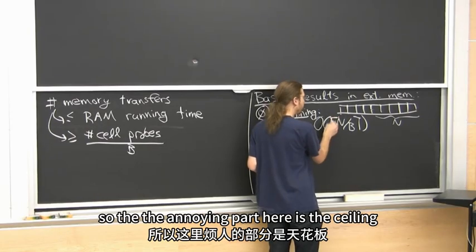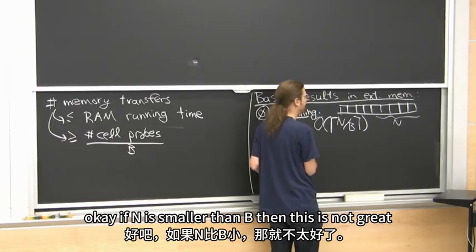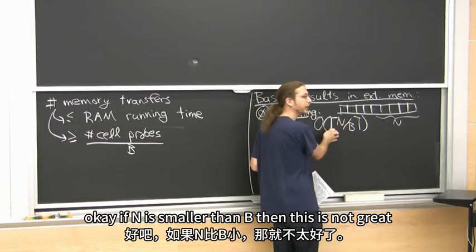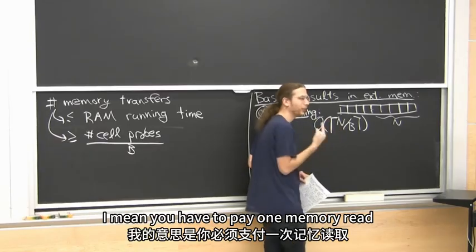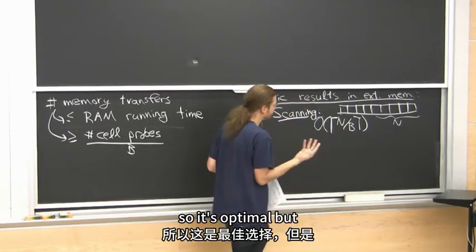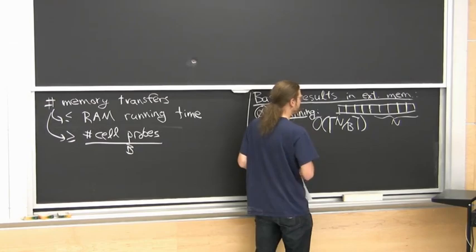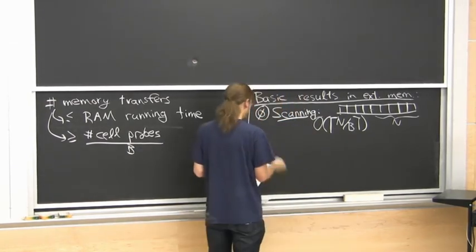The annoying part here is the ceiling. If n is smaller than B, then this is not great. I mean, you have to pay one memory read, so it's optimal. But anyway, that's scanning. Pretty boring.